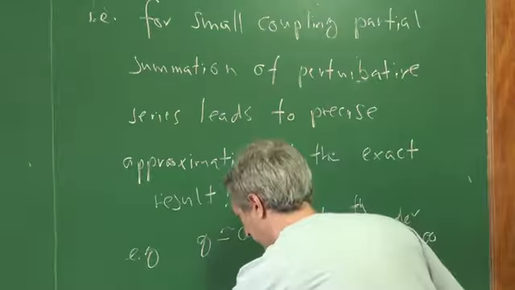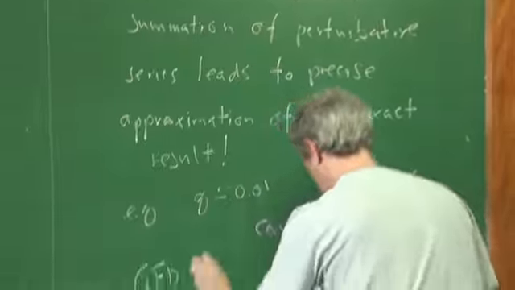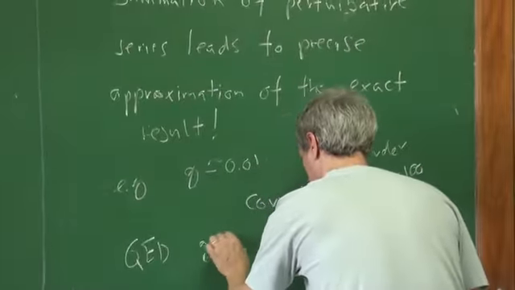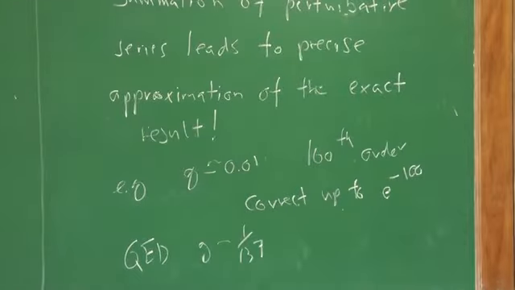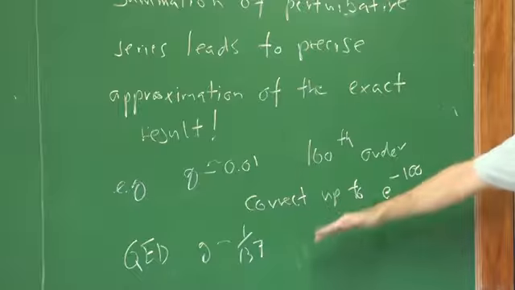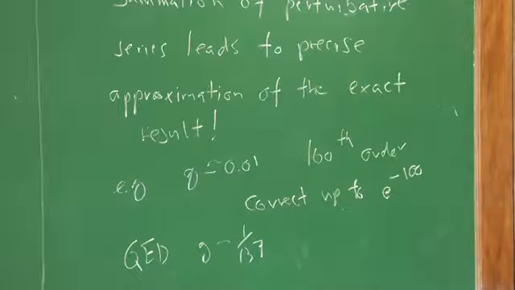Just as an example, in QED the coupling constant is 1 over 137. So this definitely falls into this idea where partial summation should be fine.